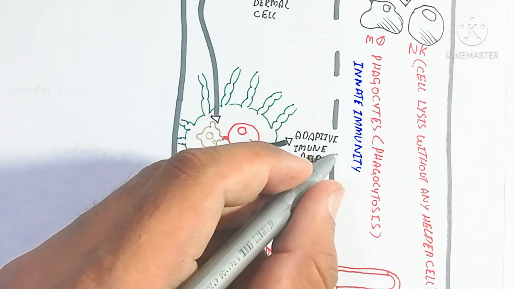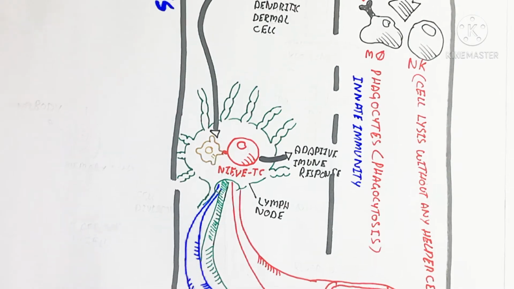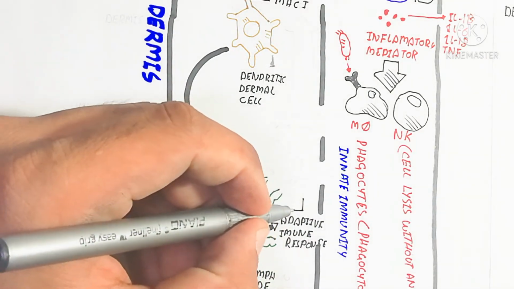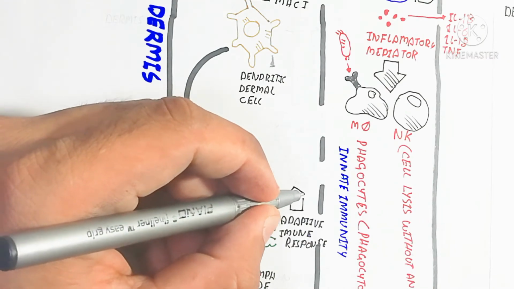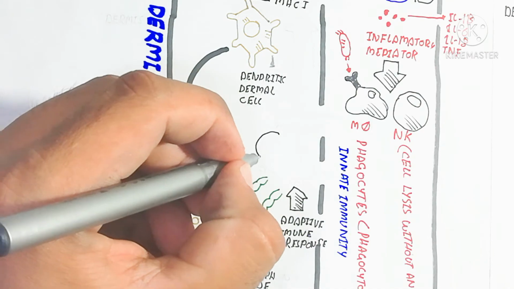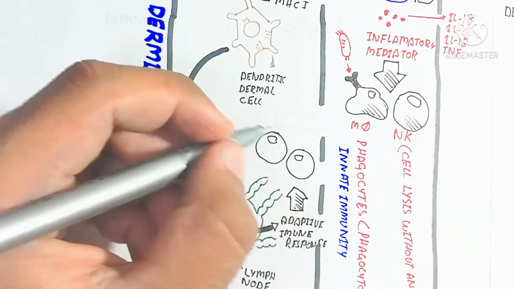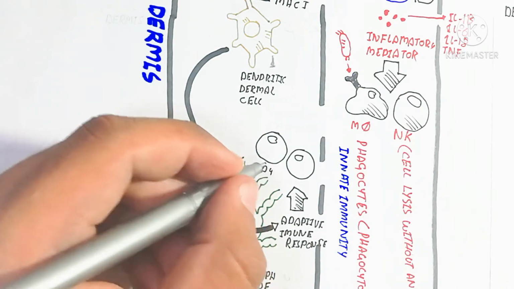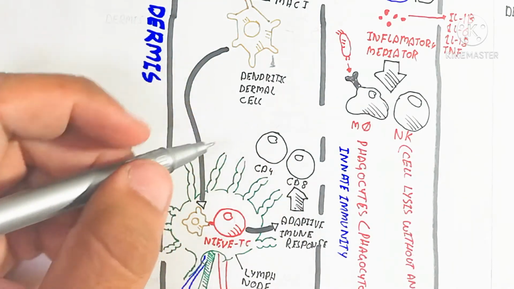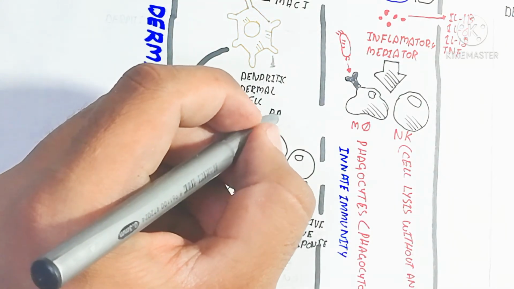CD4 and CD8 T cells release pro-inflammatory cytokines, and the dendritic cell presents to the naive T cell. For example, CD4 and CD8 receptor-containing T cells proliferate.